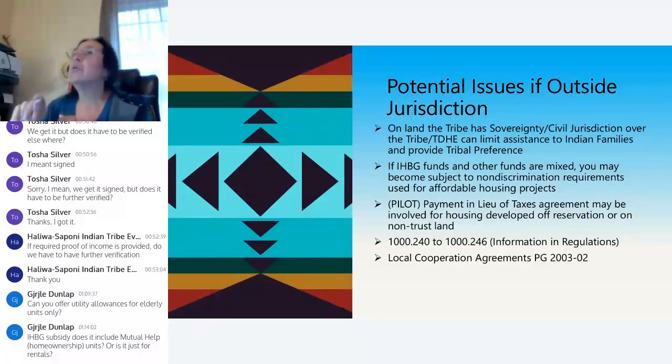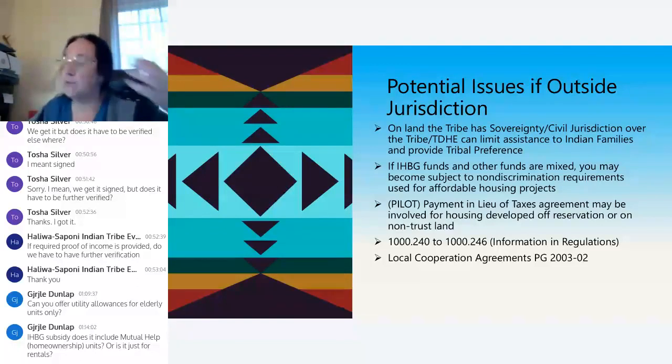Make sure that all of your policies and procedures for rehab and things like that state that their taxes must be up to date. You are not allowed to pay them, okay? So you have to find out, because we're not allowed to pay those taxes when you're building off of the reservation, that they're going to provide fire services, police, ambulance services, water, things like that.